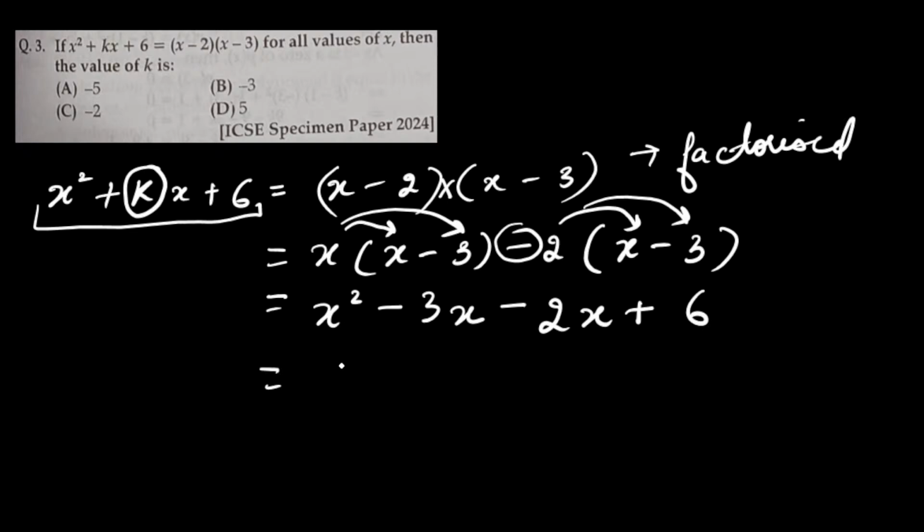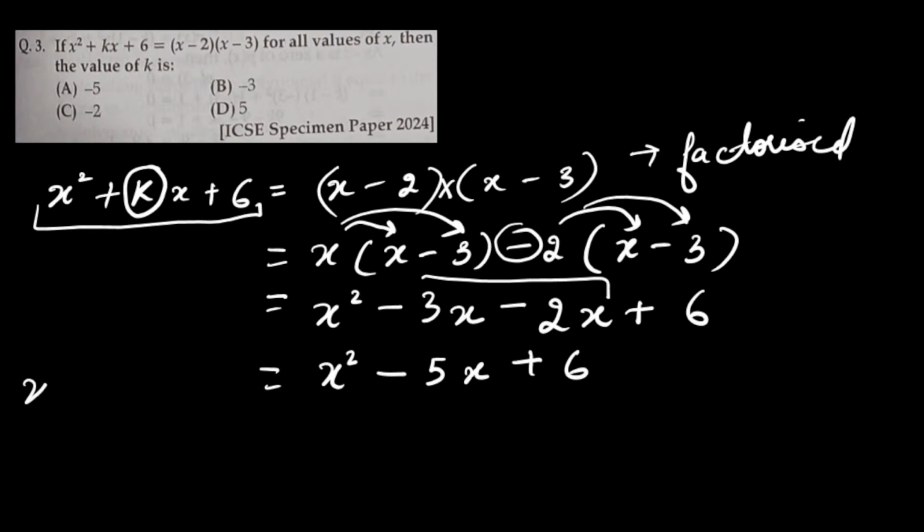Now like terms we can simplify. So x square is like this only, no other like term. These two are like terms, minus 3 and minus 2. Minus minus is plus, so this will become minus 5x. Plus 6.